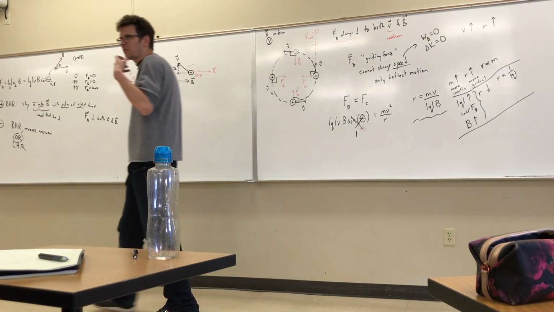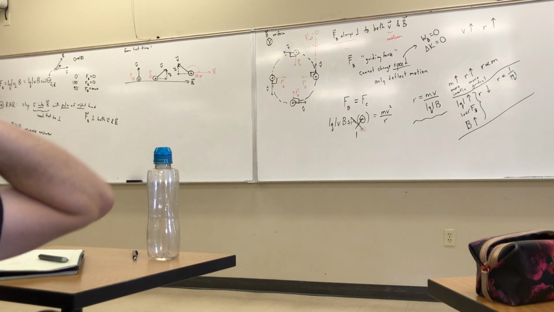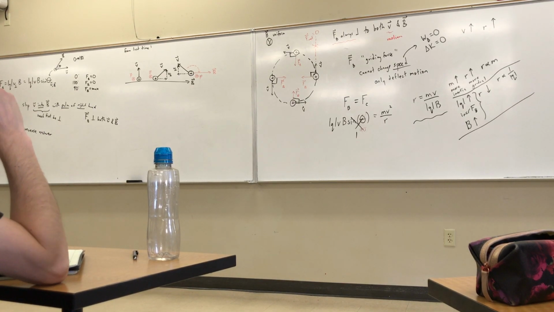So you would think that if you increased the speed, well, we just said if you increase the charge and we increase the field, that makes the magnetic force stronger and hugs it into a tighter turn. And yet here we have that you go faster, which makes the magnetic force stronger, and it goes into a bigger turn, not a tighter turn, right? So what's up with that?